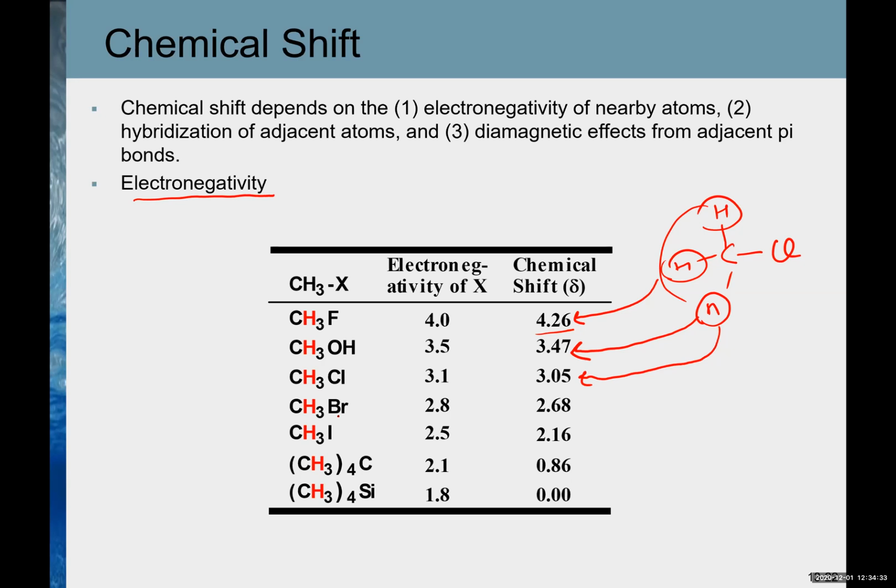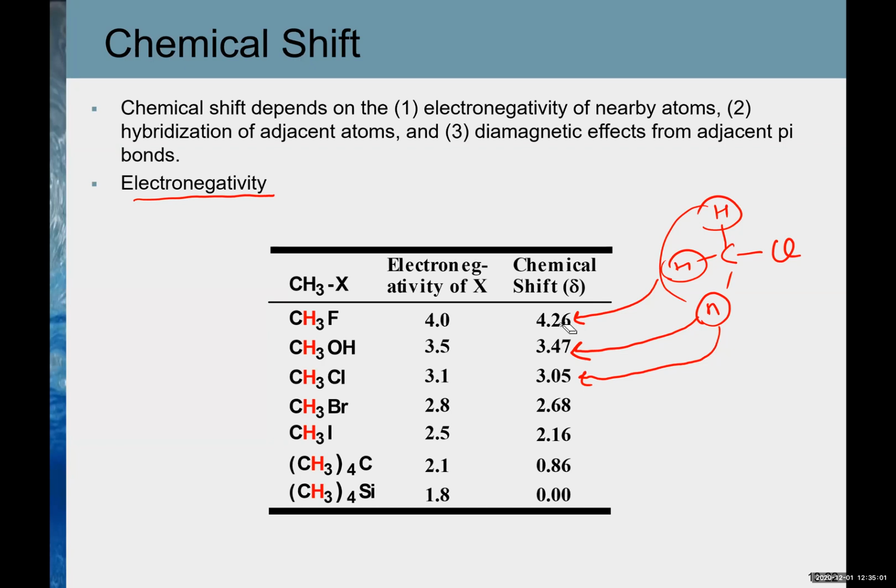Yes, higher number, that is correct. So the greater the electronegativity of any neighboring element, the chemical shift will move towards the downfield region, so a higher delta value will be observed.